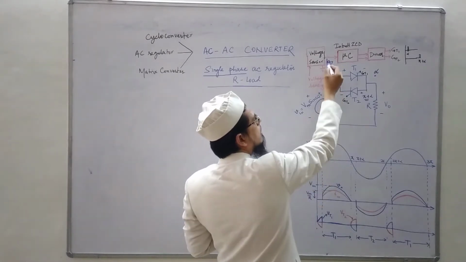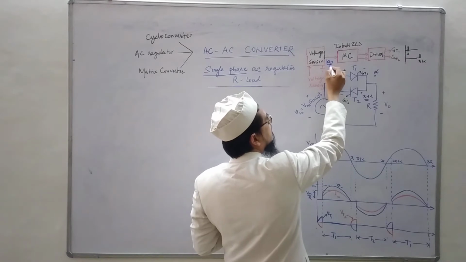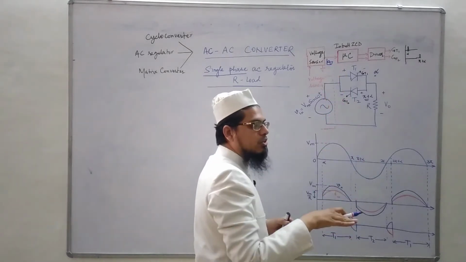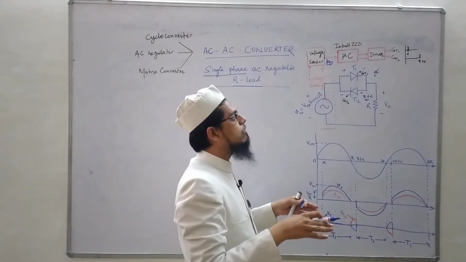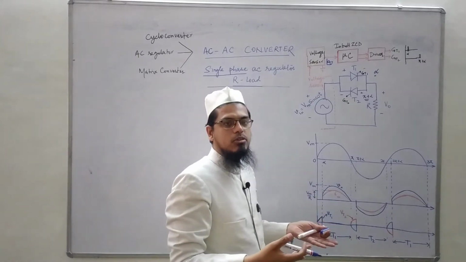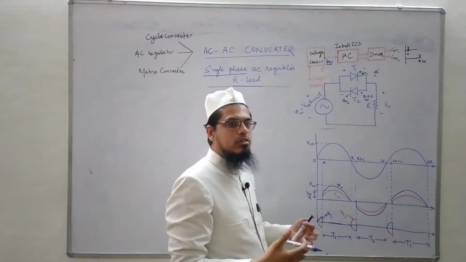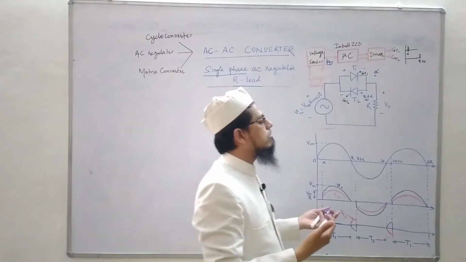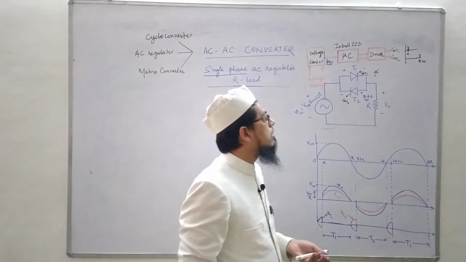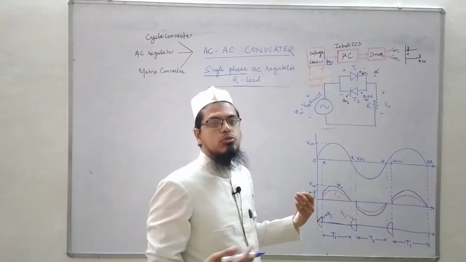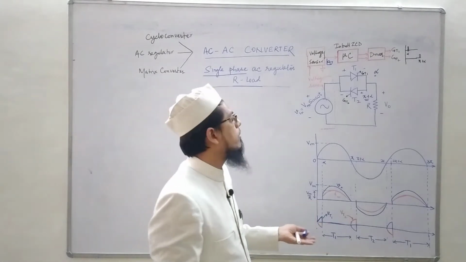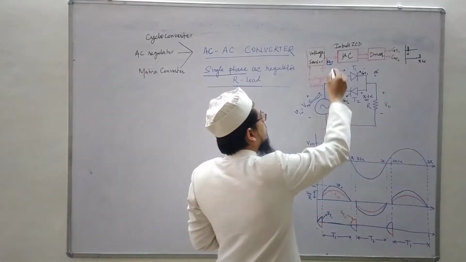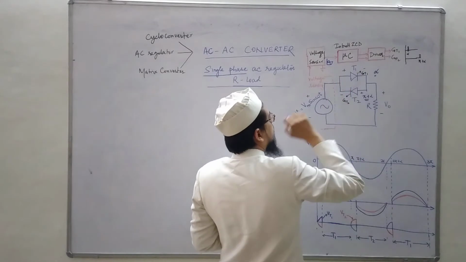Frequency remains the same, only the magnitude is reduced to a level compatible with the microcontroller, normally up to 5 volts, and in some cases we can go even down to 3.3 volts. So this signal is given to the microcontroller.